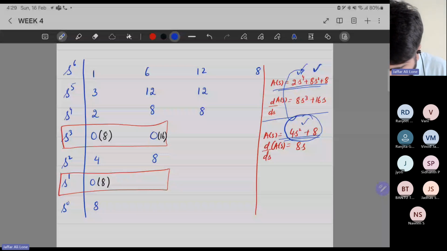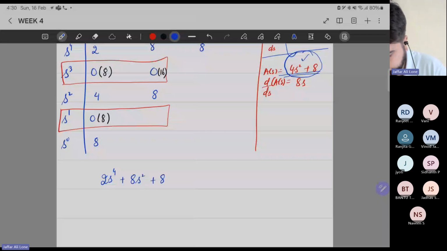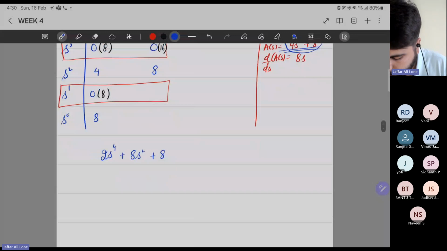The characteristic equation is 2s4 plus 8s square plus 8. Correct. So if we take 2 common throughout, what do we get?